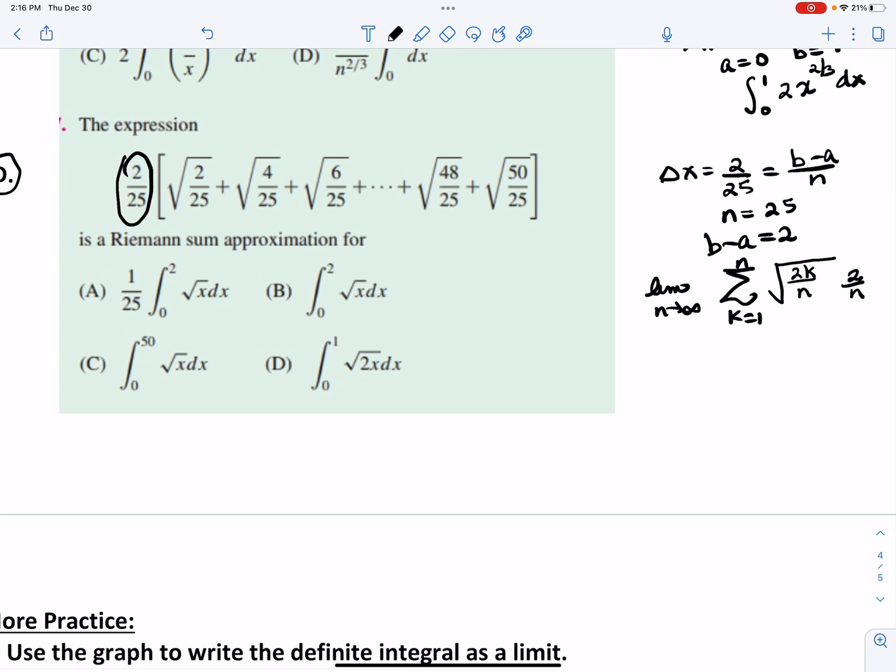Okay, because notice that what varies here are the numerators, and they're always doubled. Now, n here happened to be 25, but we're generalizing here.